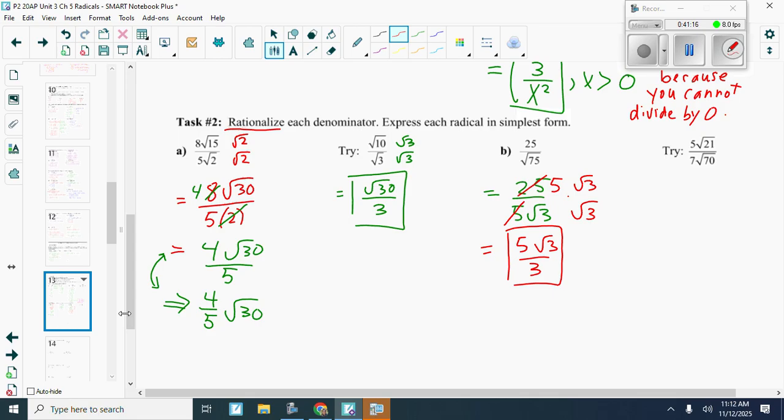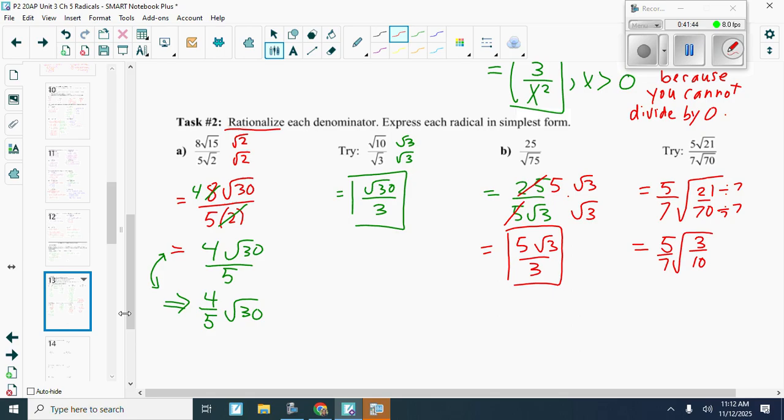But if I did this, 5 over 7, and I combined 21 over 70 like this, I could take a 7 out of both of those, and I could reduce the fraction to 3 over 10.